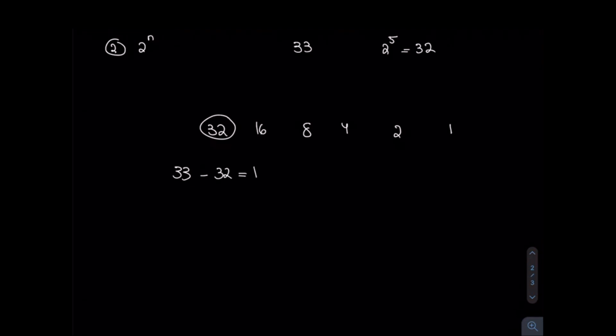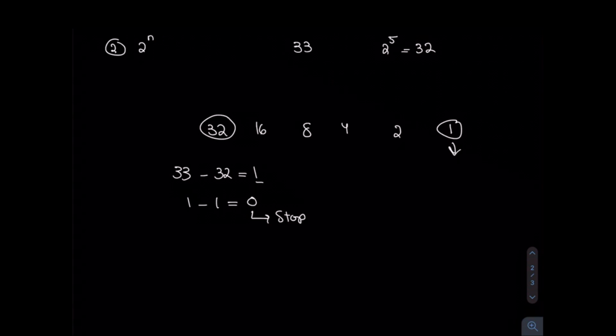It will equal 1. Then take number 1 and subtract from it the largest number that is less than or equal to 1, which is 1. That will equal 0, then we stop. So next we will write the number 1 underneath the numbers that we chose.